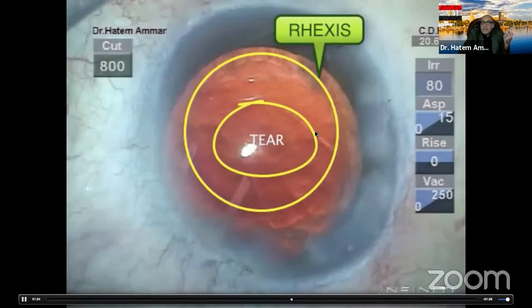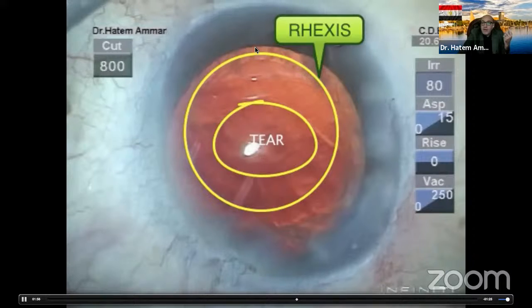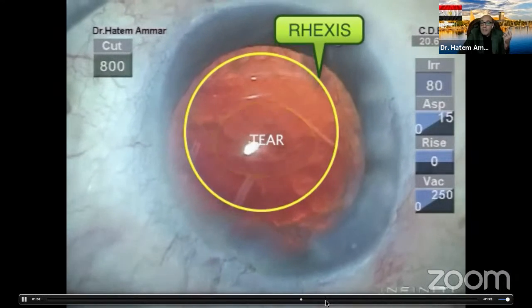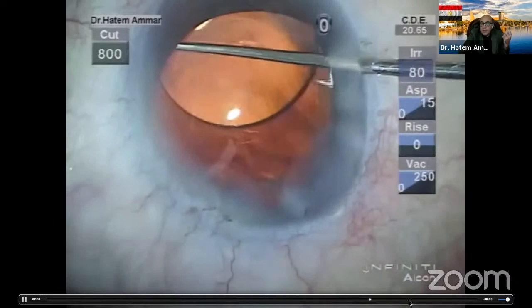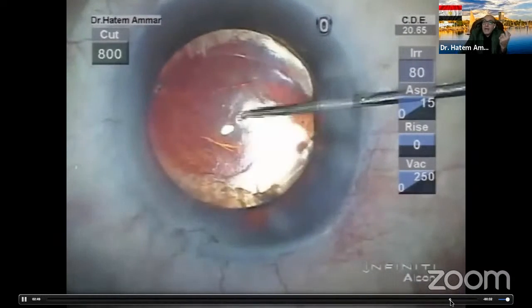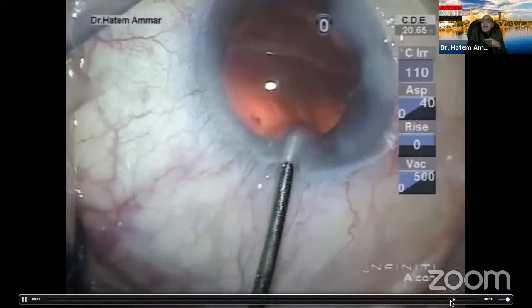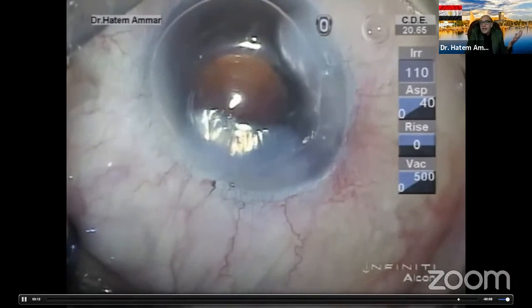Now, this is the tear, and the anterior rhexis is intact. You can implant in this condition a multi-piece IOL in the sulcus, with optic capture, and you can finish the case safely. Ruptured posterior capsule can occur at any time.